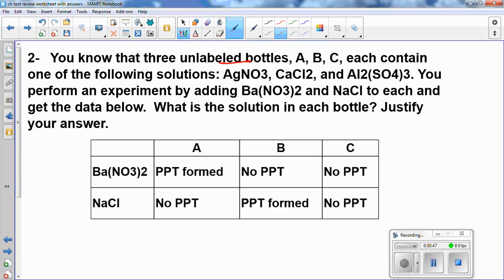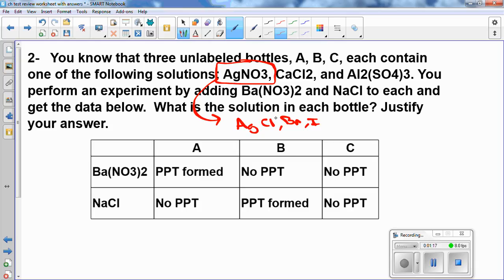Let's just look at AgNO3 and what we know about Ag. We know by now, you should know, I should say, that Ag will form a precipitate with anything from family 7, so Cl, Br, and I. Those will form precipitates.